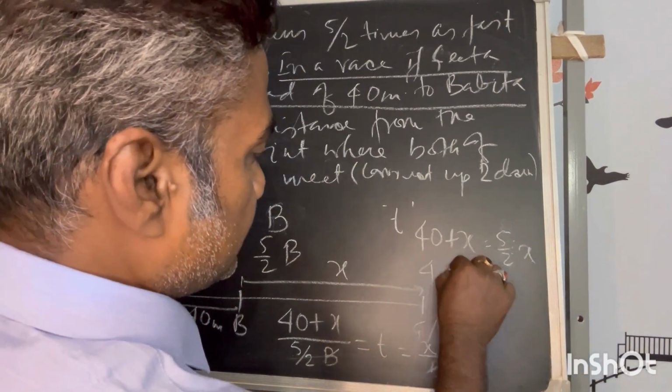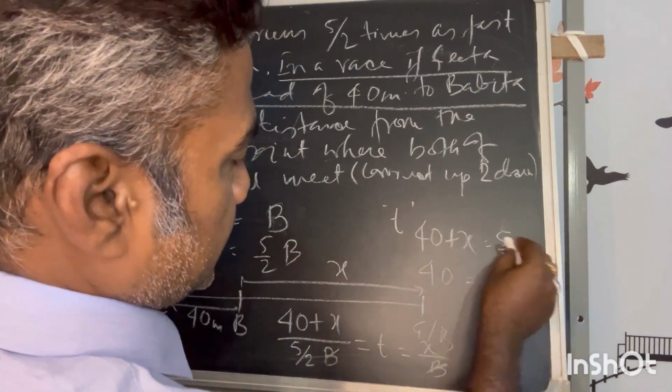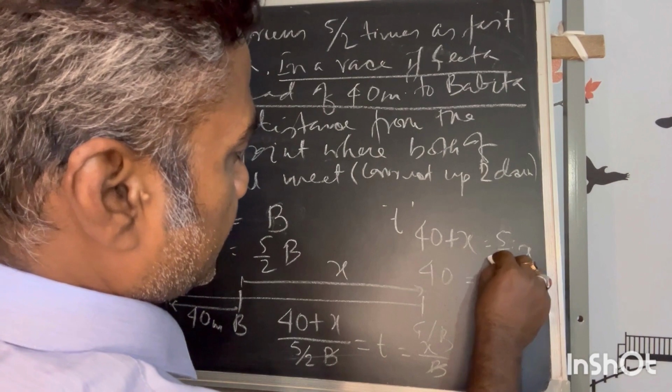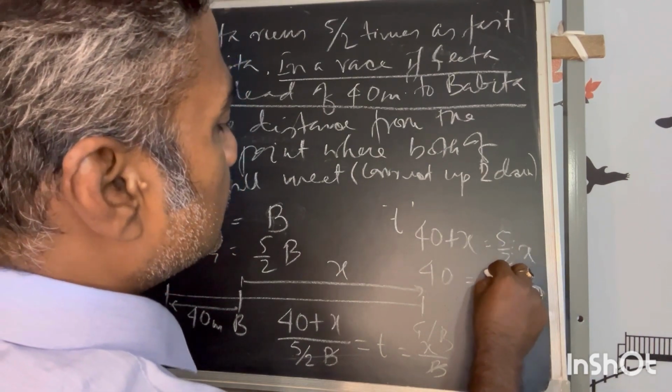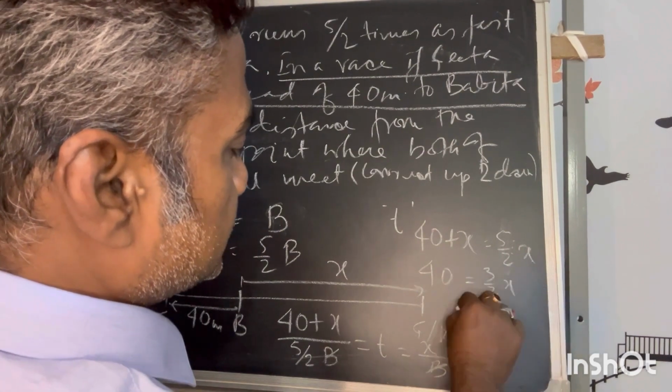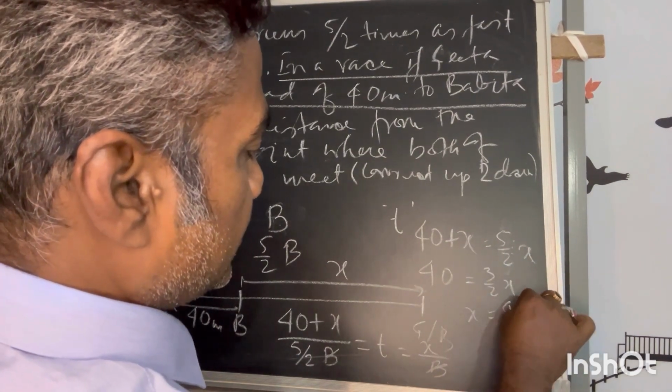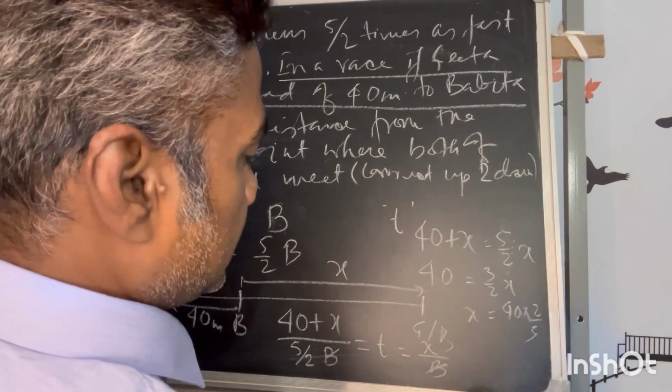So 40 is equal to x, we'll take it to that side. This means 2.5 is equal to 3 by 2 x. So x is equal to 40 into 2 by 3.